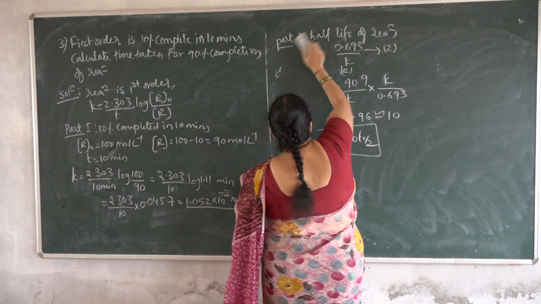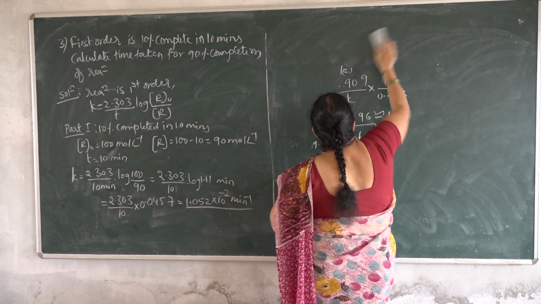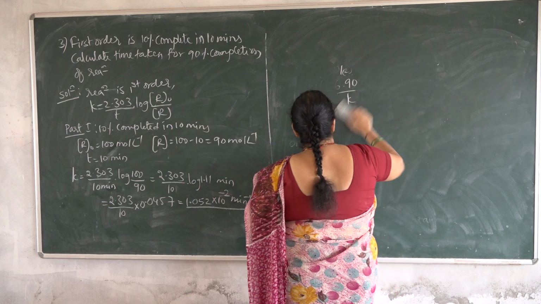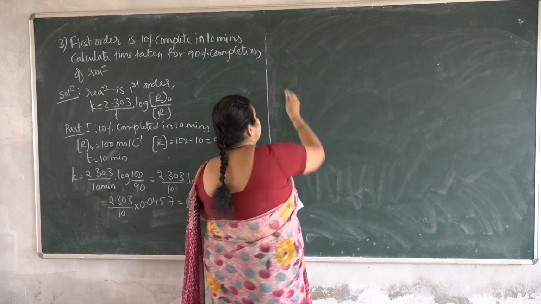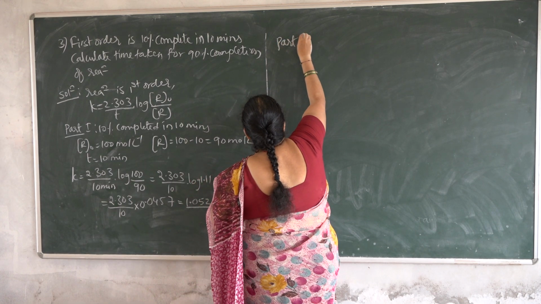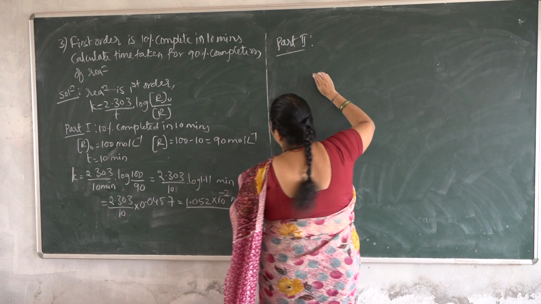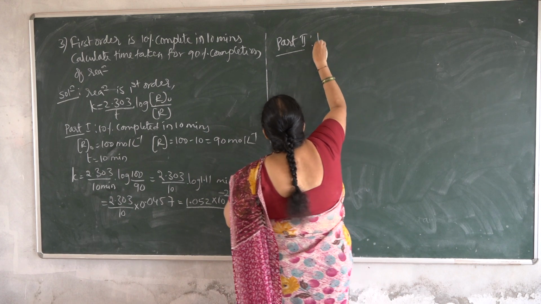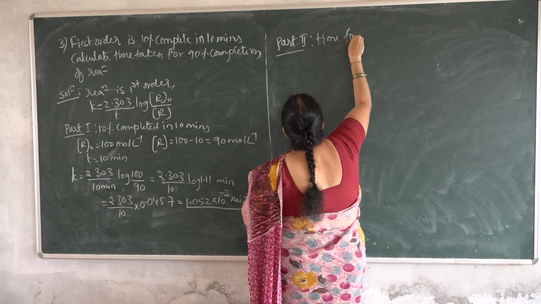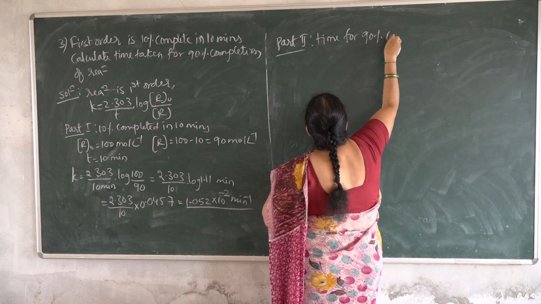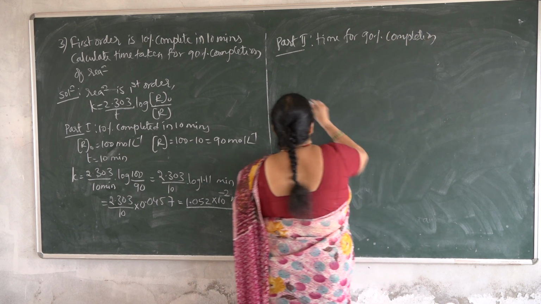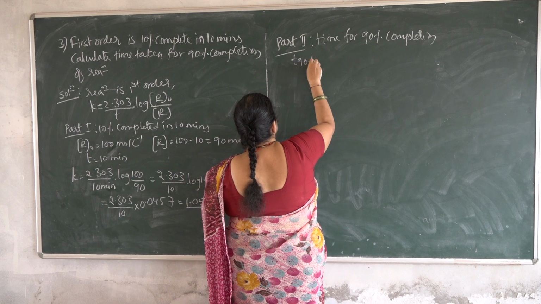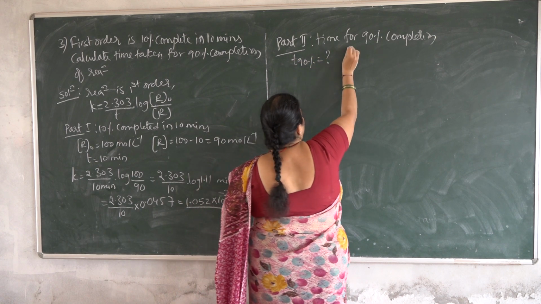Now substitute for the second part. For the second part, again substitute the values. What is part 2? Time for 90% completion. T 90% is equal to question mark.